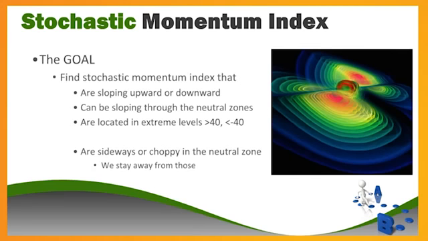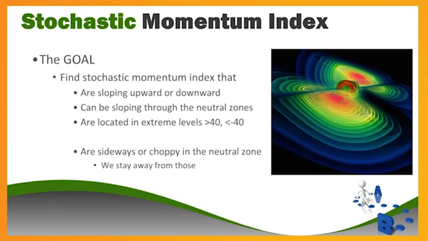All right, so when we see the stochastic in the neutral zone, which is between that 25 and negative 25, it's sideways. Anytime it's sideways, we know that there's a high level of unreliability. So what do we take away from that?